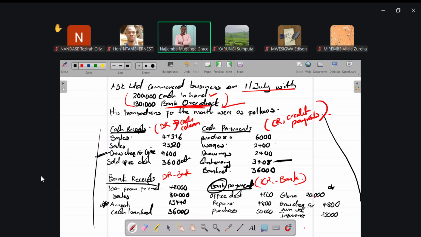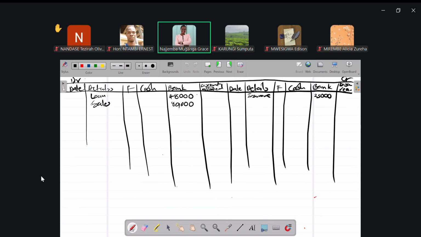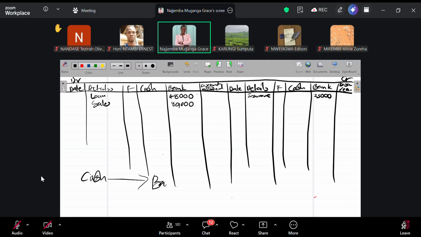Then we also have cash bank. Cash is giving to the bank.